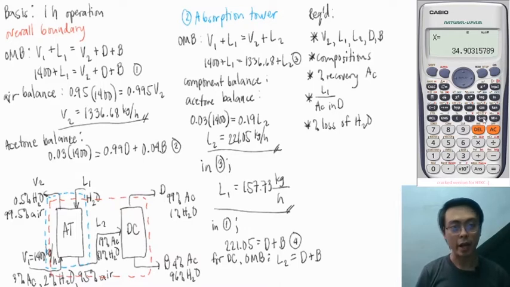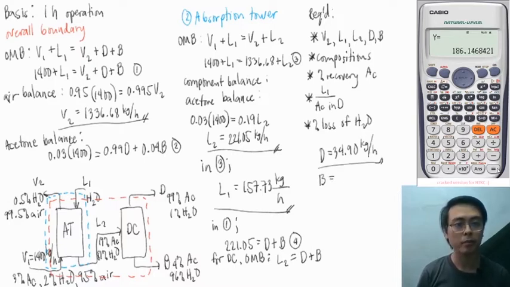This is your X, or this is your distillate. So the distillate is 34.90 kilograms per hour. Bottoms is Y, 186.15 kilograms per hour.